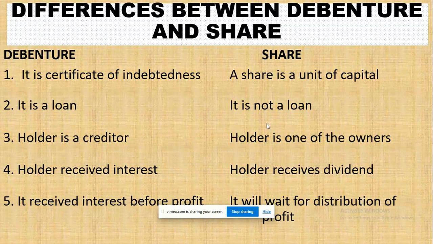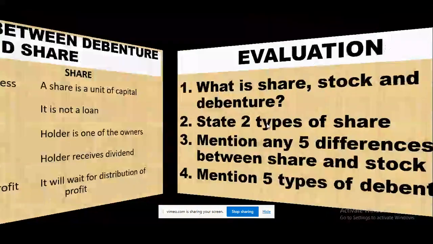Debenture holders receive interest, while shareholders receive dividends. Debenture holders receive interest before profits, while shareholders wait for distribution of profit. This is just a brief difference between debentures and shares.